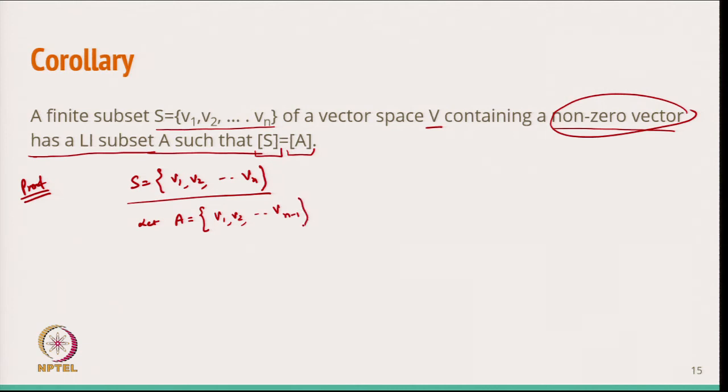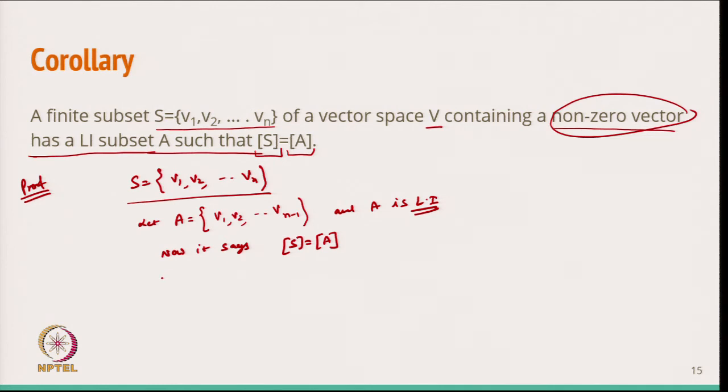Suppose I take these vectors, and A is linearly independent, that is sure. So, I am taking one subset of S which is linearly independent. Now, it says that the span of S is equal to the span of A.